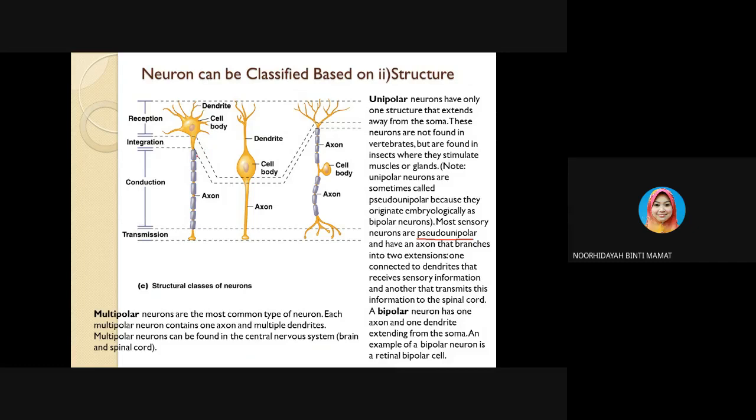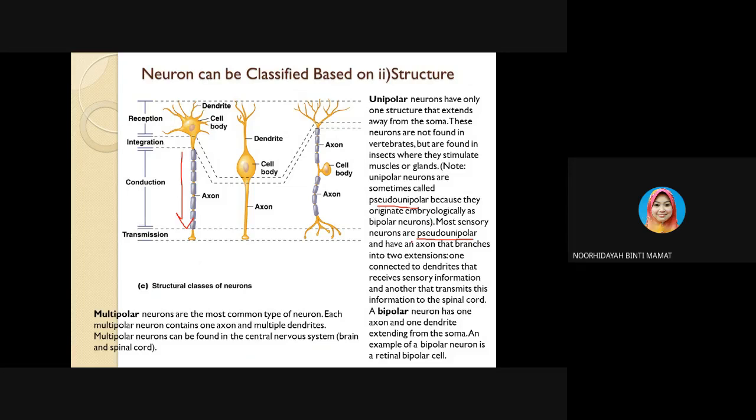These neurons are not found in vertebrates but are found in insects, where they stimulate the muscles or glands. Some of the unipolar neurons are sometimes called pseudounipolar, because they originate embryologically as bipolar neurons.